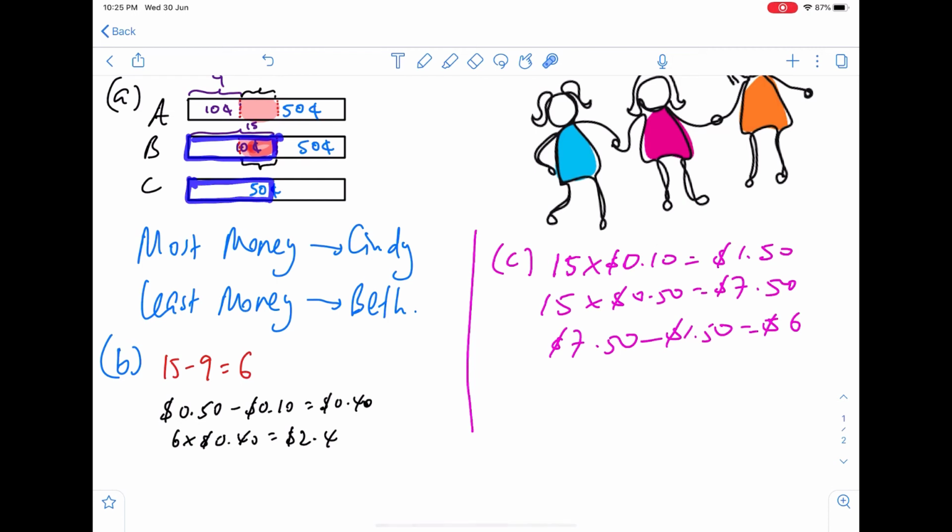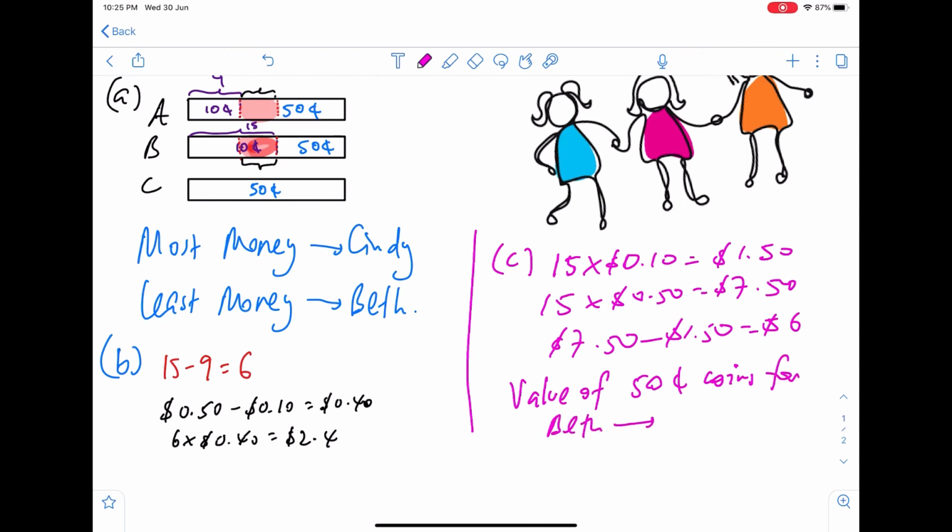Now, because this person also lost this number of 50-cent coins, the total difference between Beth and Cindy is now $10. So what is the value of these 50-cent coins that Beth lost? Or how much were these 50-cent coins that she used to buy some food?